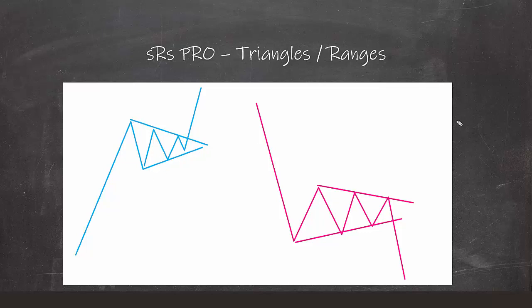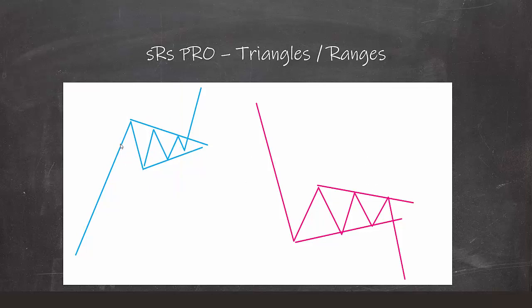The key in a triangle or any other ranging pattern, you got at least 5 spots before the breakout happens, and the breakout happens, let's say, after the 2/3, right? That's 66% of the triangle.